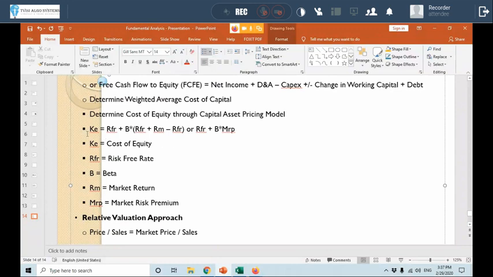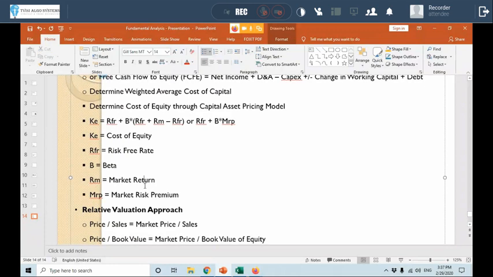Now we are arriving at cost of equity. So cost of equity is what? Minimum what you want is the risk-free rate plus beta into market risk premium. Whatever is the premium that you want.